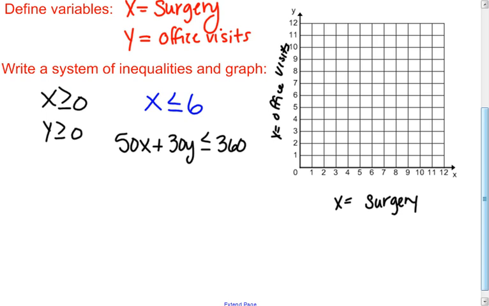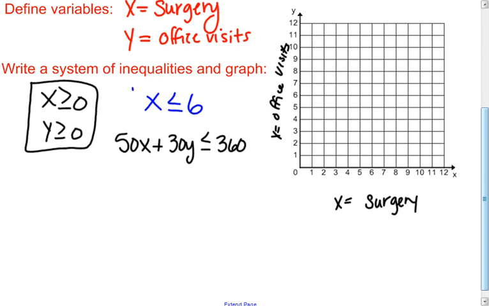Okay? These 2 equations over here, I'm not going to worry about you graphing. I don't expect you to graph them. I do expect you to have them written. I do not expect you to graph them. I'm only going to give you the upper right-hand quadrant, which is basically saying that it takes care of both of those inequalities, okay?